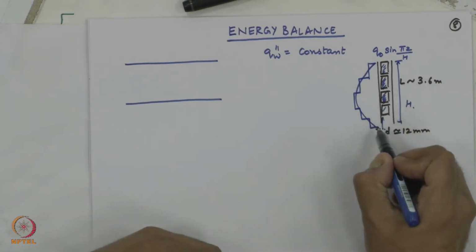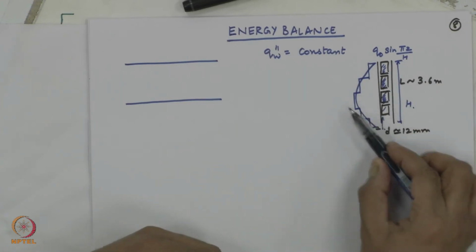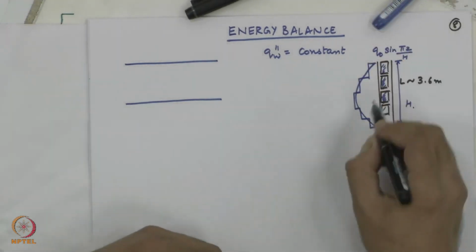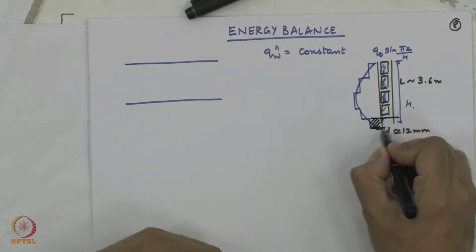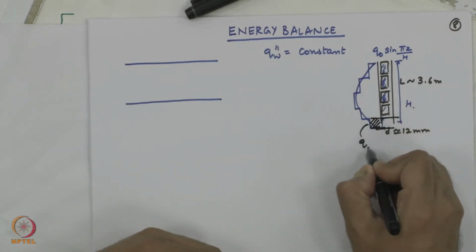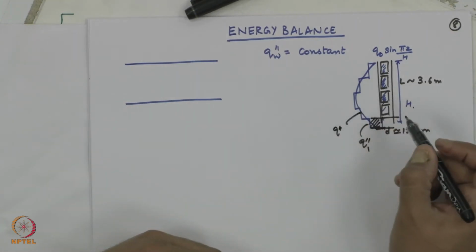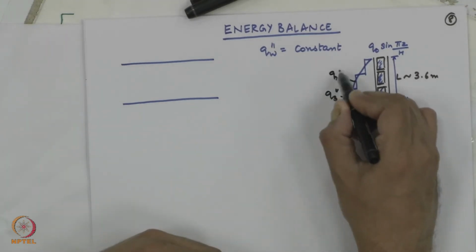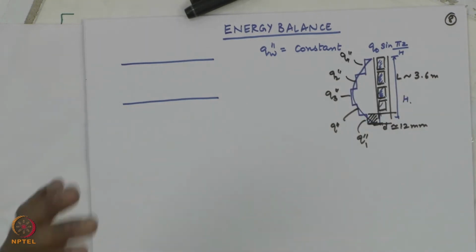You will mathematically transform these things through an equation into a smooth function. So, for example, if I am going to do the analysis of this part, I can do it as this region has a constant heat flux given by Q1 double prime. This one has a constant heat flux Q2 double prime. This is Q3 double prime. This is again Q2 double prime, Q1 double prime. I can do the analysis this way or do the sinusoidal function and do the analysis.